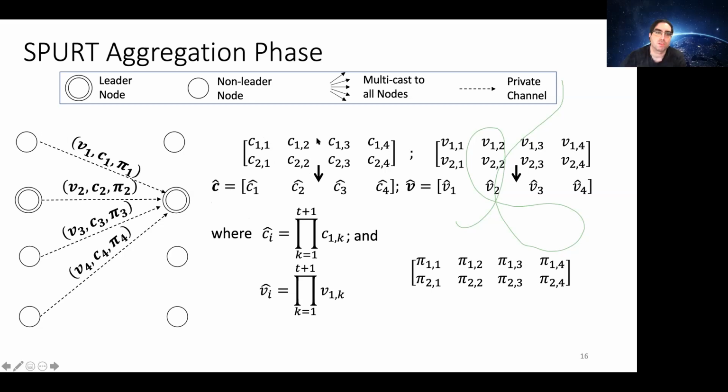Question: at this phase, the leader already does n-squared computation? Yeah, the computation for the leader is n² for this phase. But we use a trick: each node will become leader once in n rounds.